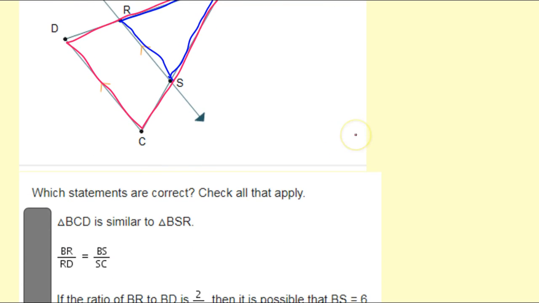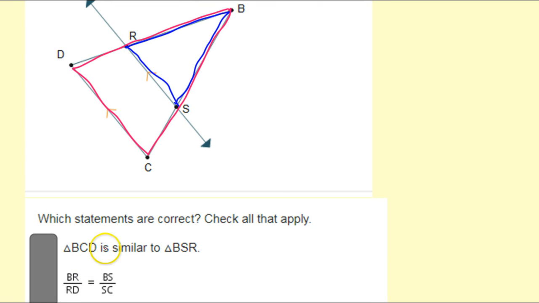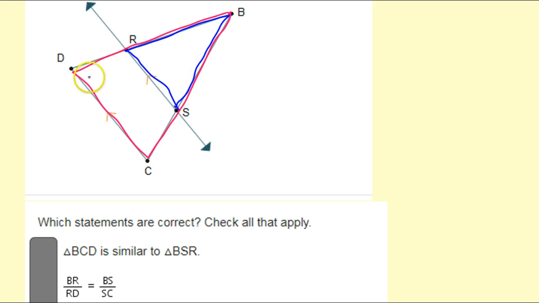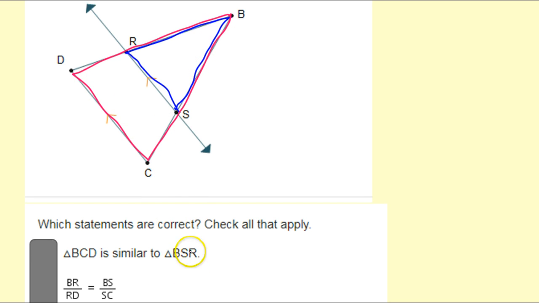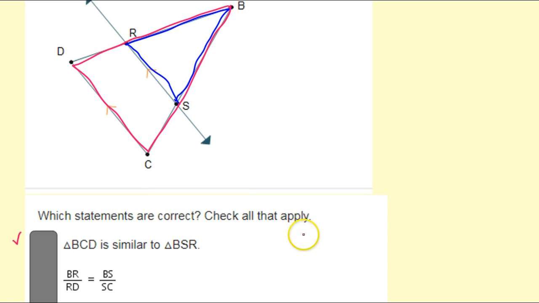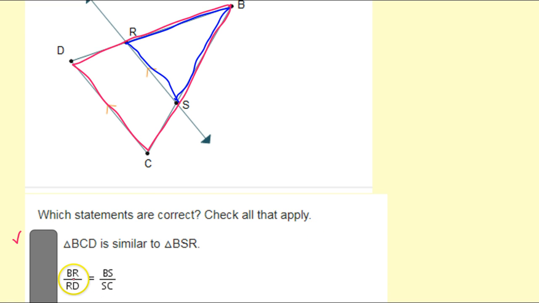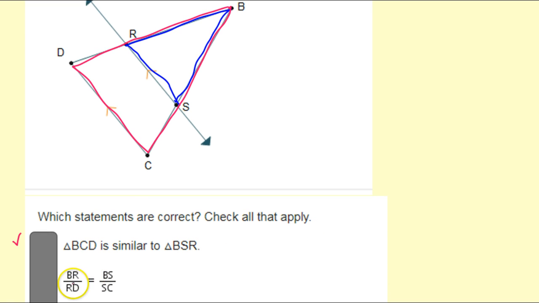So which statements are true? Triangle BCD, that's the red triangle, is similar to triangle BSR. That's the blue triangle. That's what we just said, so that's definitely true. Now, BR over RD.